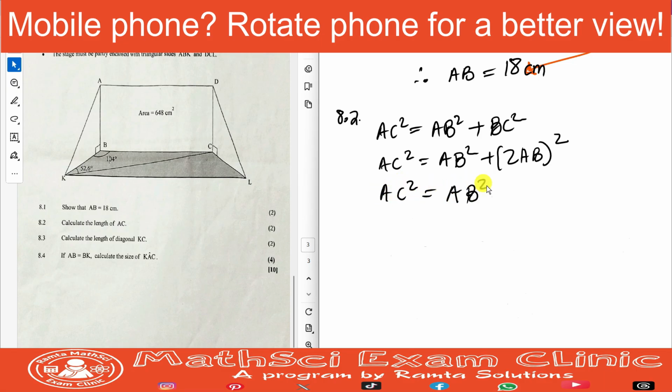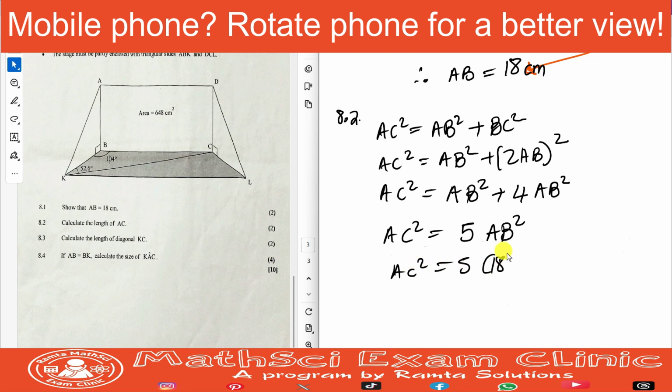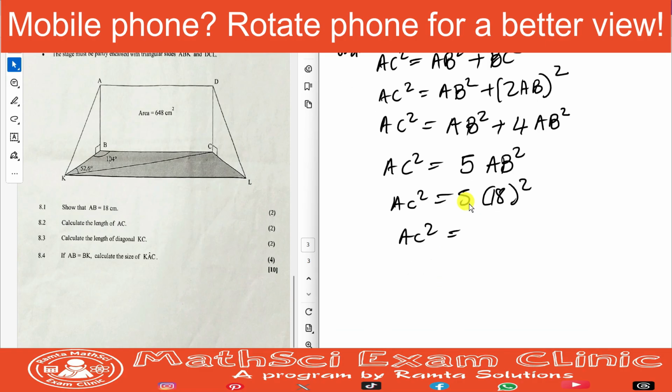This AB squared is fine. This is 2 squared. 2 squared will be 4, and then 4 times AB squared. So further, we will say this is 5AB squared. Then we can say AC squared equals 5 times 18 squared. And 5 times 18 squared will be 1620.